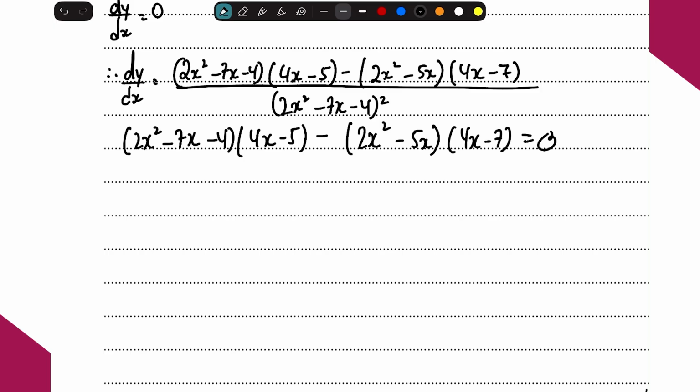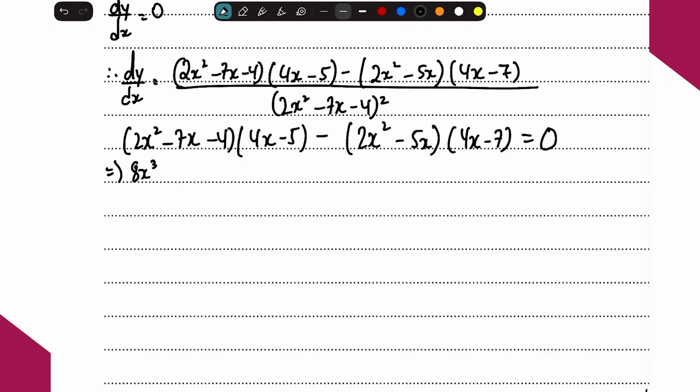The reason is, obviously, if we solve the bottom one for 0, we're going to end up with our asymptotes once again, so we don't care about the asymptotes. So from here, let's just solve for it.